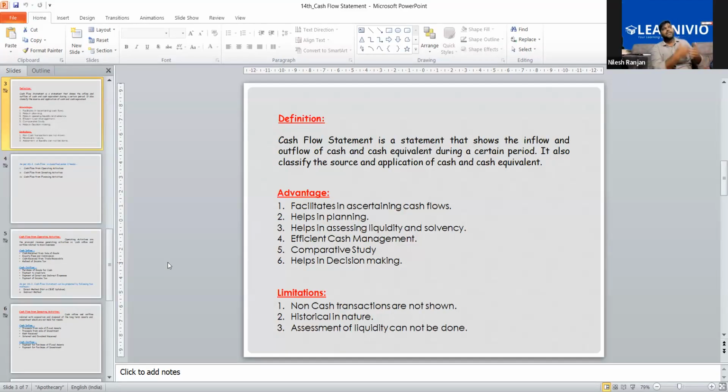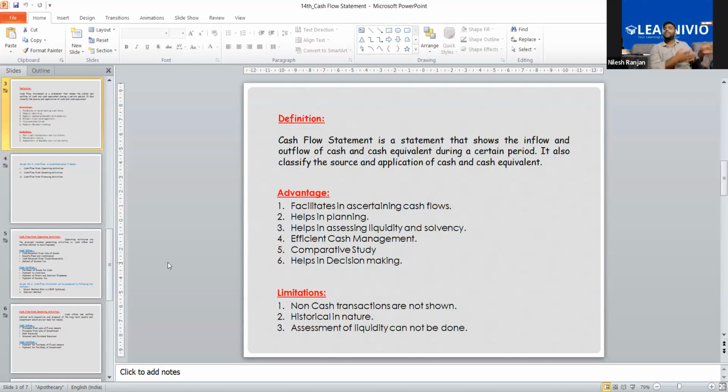In the current year, let's say we have received cash of 5 lakh and paid cash of 3 lakh, so we have 2 lakh surplus. Now in the next year we know there is an additional cash outflow of 3 lakh.